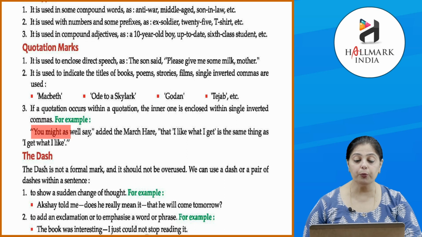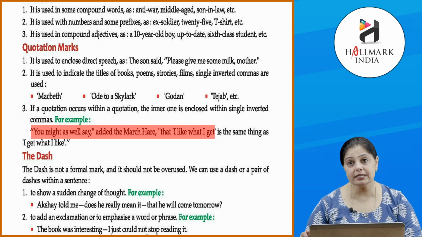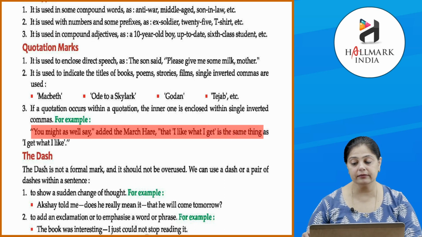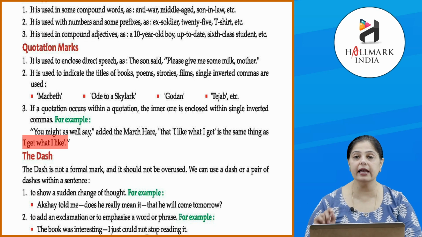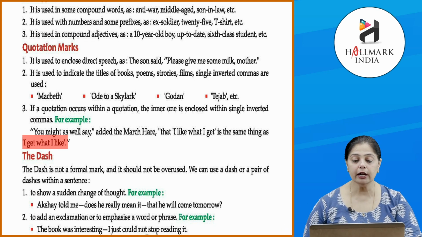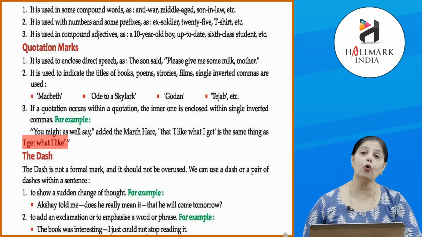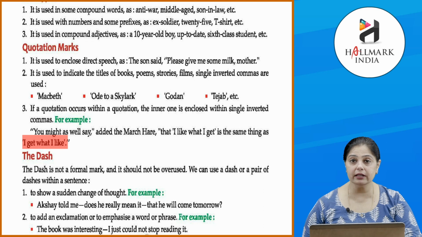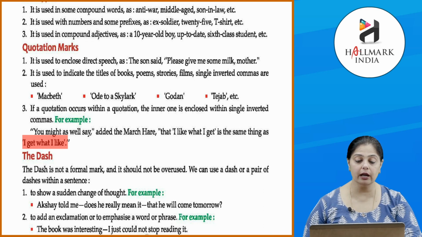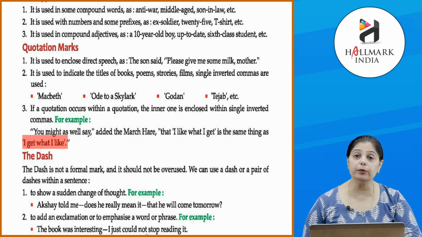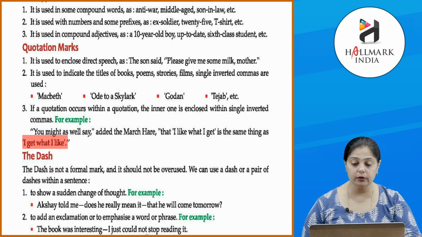For example, you might as well say, comma, and in double inverted commas, then in single quote: I like what I get is the same thing as I get what I like. Okay, so here you have seen that a quote has been placed inside a quote. Okay, what was spoken inside the quote has been stated. Okay, now that is why you will see that there is a use of single inverted commas: the inner one, the quote inside, is in single inverted commas.